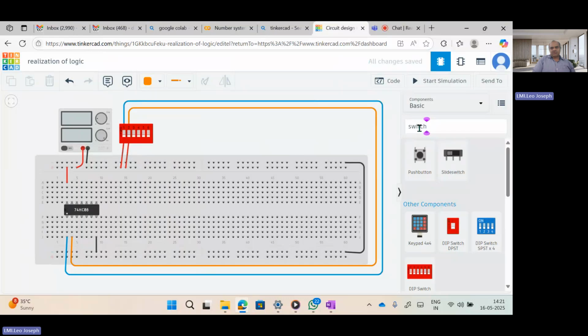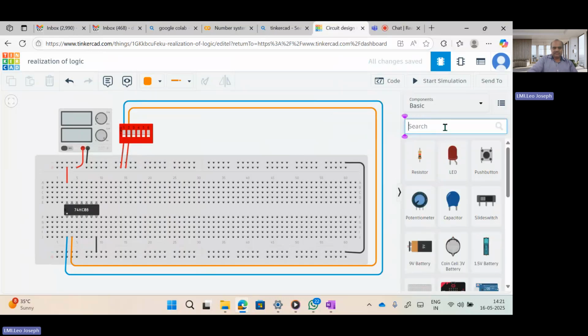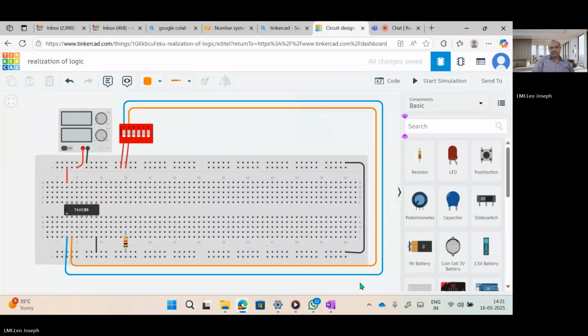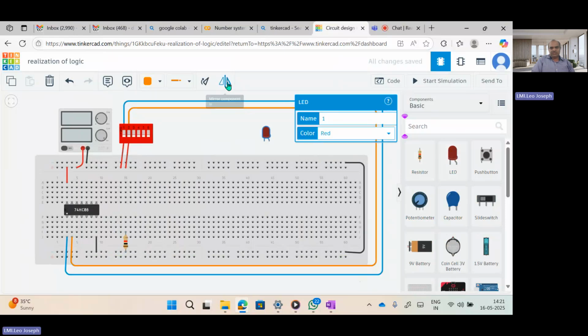After giving these two inputs, I am using a resistor. The resistor is for protecting the LEDs, which are useful for giving the output. I am just connecting a resistor from here to here. This is the simplest connection. When we are shorting these two terminals, you can directly connect the resistor like this. I am taking one LED and flipping it, that means the anode is positive and the cathode is negative.